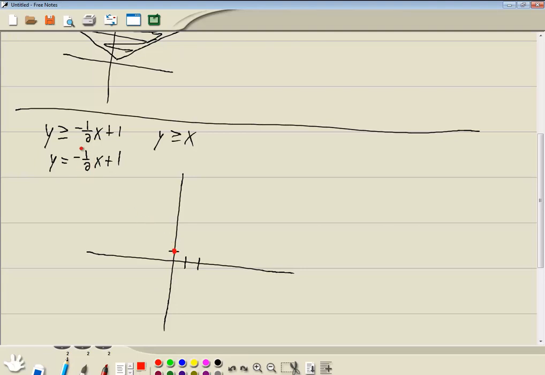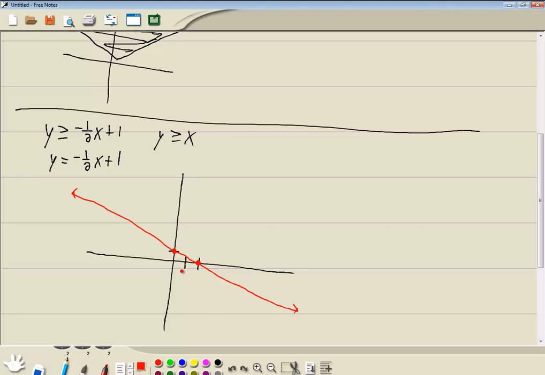The number before our x is our slope, negative 1 over 2, change in y over change in x. That means we'll go down 1, right 2, and that's where we put our second point. And we said it's going to be solid, since it's greater than or equal to. That line underneath means solid. So it's going to look like this.